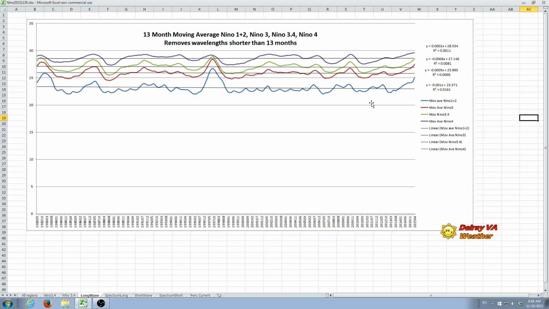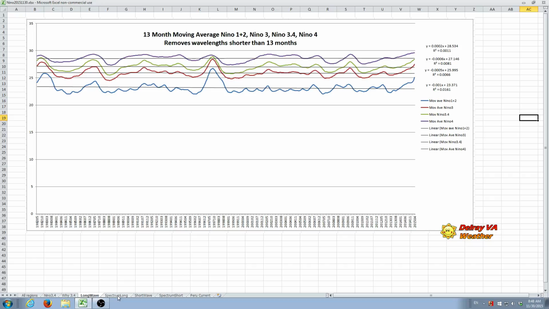The temperature is decreasing at a very slight rate, but it seems to be decreasing. And because we use a linear curve fit here, that could actually be part of a very long downward cycle, that you have a down part of a very long cycle and an up part of a very long cycle. So that's one of the puzzles.